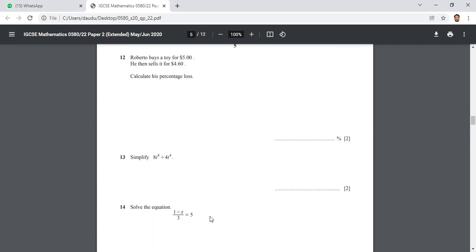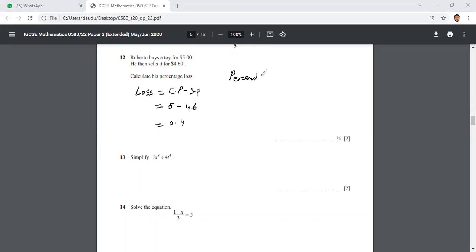The loss is cost price minus selling price. So it is 5 minus 4.6, that gives us 0.4. And then we are looking for the percentage loss.